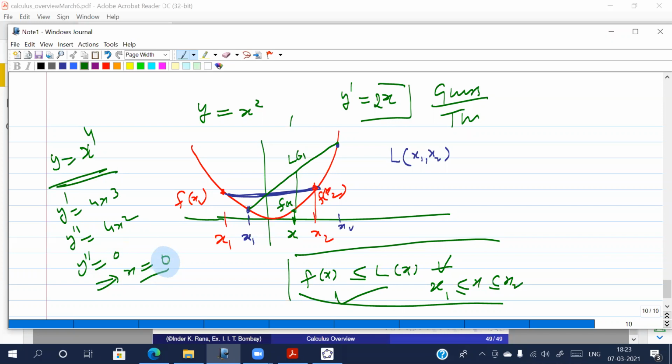But x to the power 4 does not have a point of inflection. It is everywhere convex. So every sufficient condition may not be necessary, and one has to separate them out. Students don't understand these things, and many books also define an inflection point as second derivative equal to 0, which is not always true.